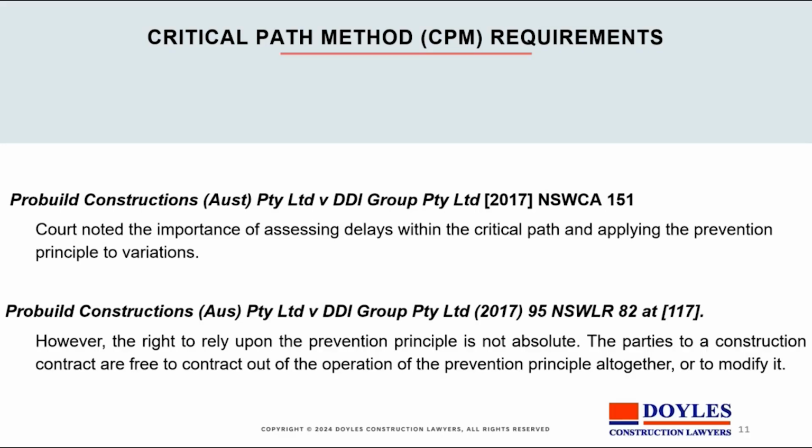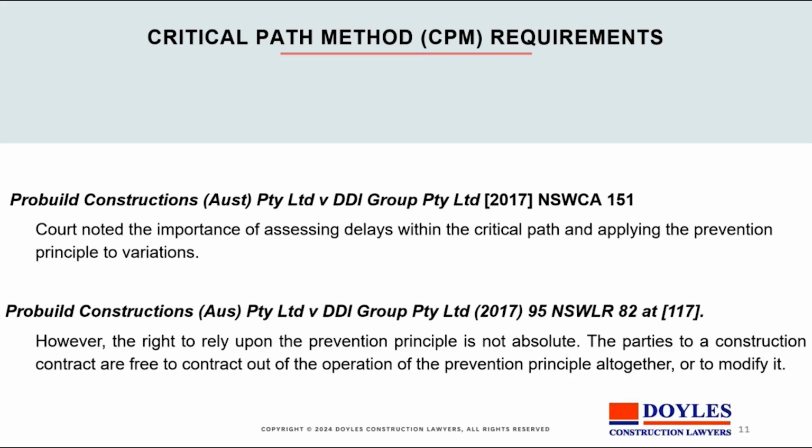And again, the right to rely on the principle is not absolute. Sometimes parties to a construction contract are contracting out of the operation of the prevention principle altogether. An example of that is somebody who's a principal who's keen to get his project delivered on time, and he says, look, I may order variations, but you've agreed to bring on to the varied work sufficient extra resources so that you don't have an impact on the progression of the project.